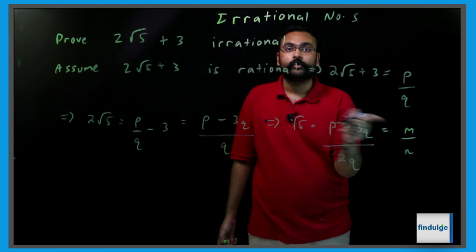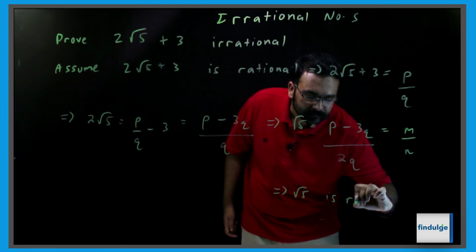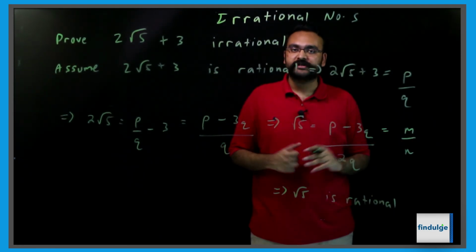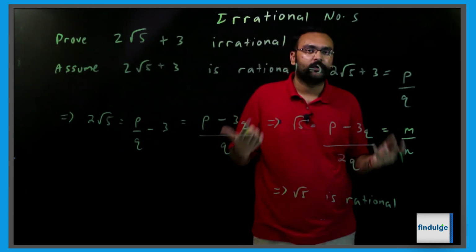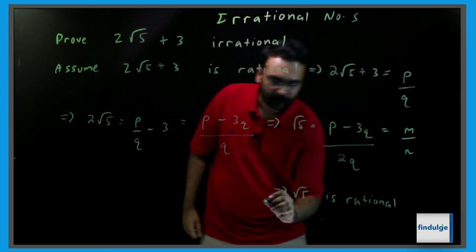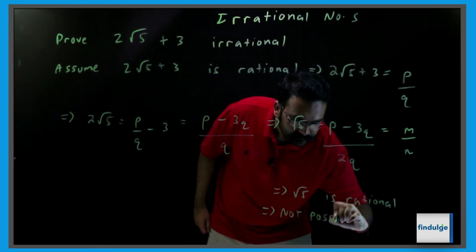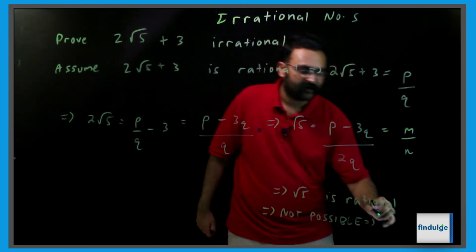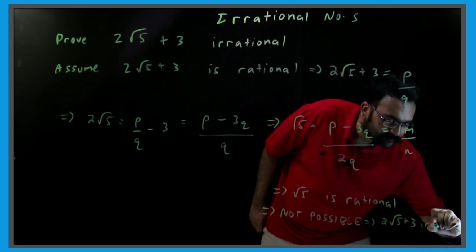This implies root 5 is rational. But this is not possible. Hence, 2 root 5 plus 3 can also not be rational. Not possible implies 2 root 5 plus 3 irrational.